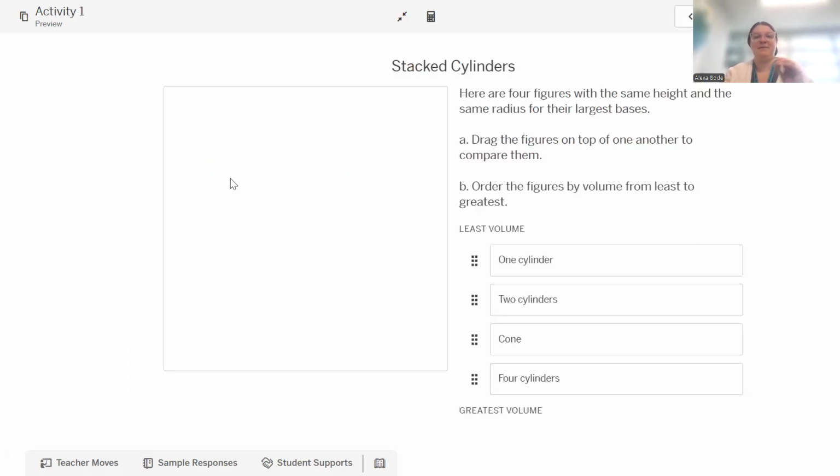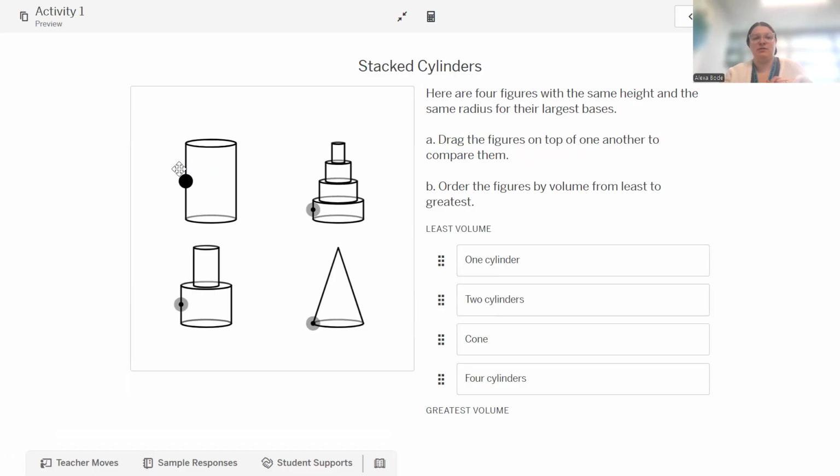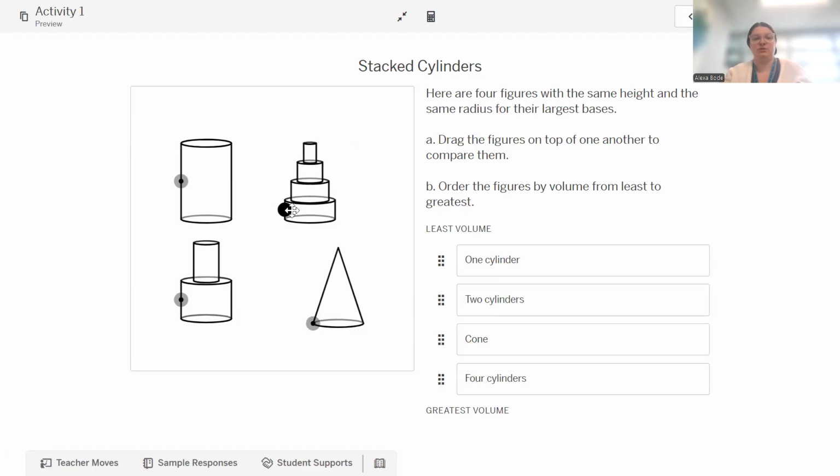So what would happen to these ones? If I took this one, would this cylinder have a larger or smaller volume than these 2 cylinders together? And would these ones be larger or smaller volume than this one? And then what about a cone? Would a cone have a larger volume or a smaller volume than the other ones? So go ahead, take a guess on your paper.